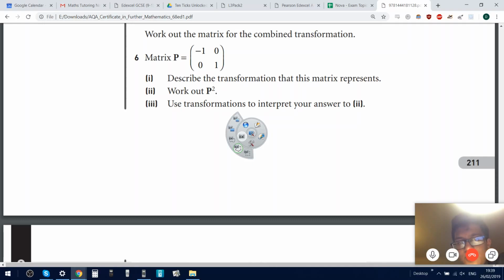Then work out p squared. That would just be it times itself. So minus 1, 0, 0, 1 times, again, minus 1, 0, 0, 1.